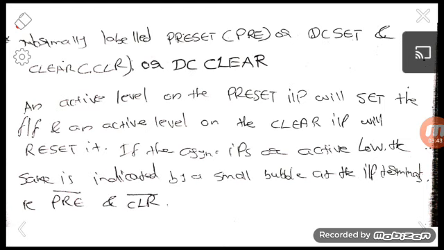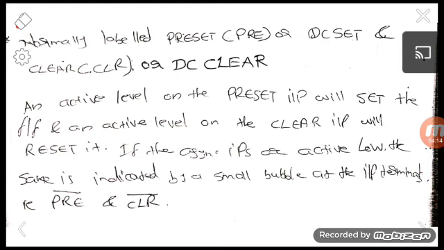In most ICs, these asynchronous inputs are shown as active low inputs, that is, preset bar and clear bar. So if you give an active level, that is a 0, to preset bar, the output of the flip-flop will be set to 1.